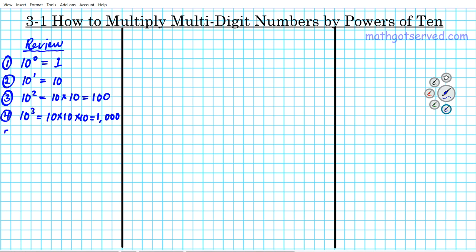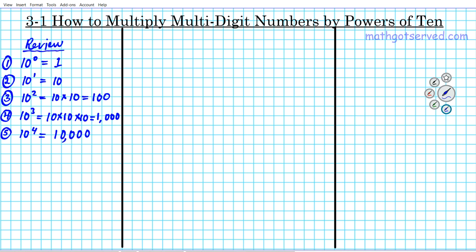Okay, so let's apply that idea to 10 to the 4th power. What is 10 to the 4th power going to be? It's going to be 1 with how many zeros? 4 zeros, right? So let's take the comma out of there. So it's going to be 1 with 4 zeros, which is basically 10,000. 1, 2, 3, 4.